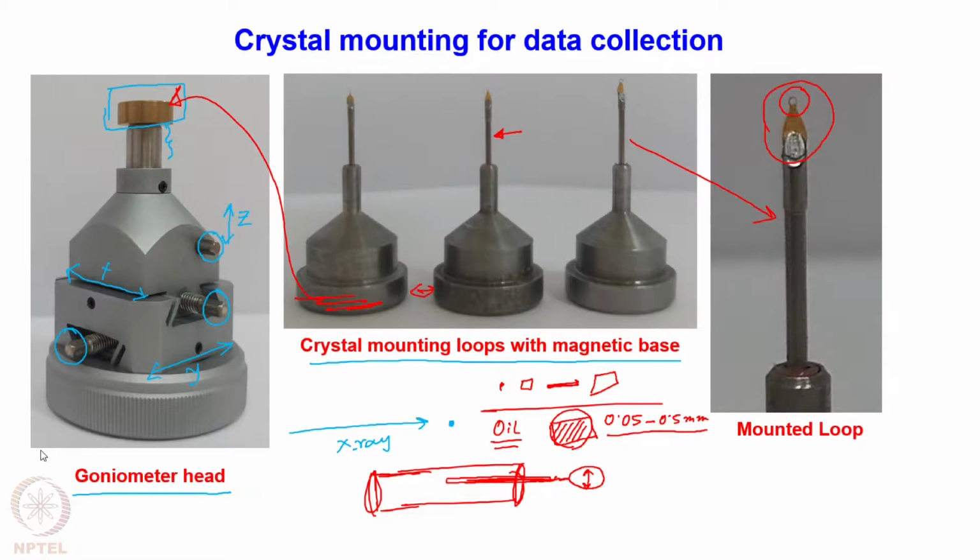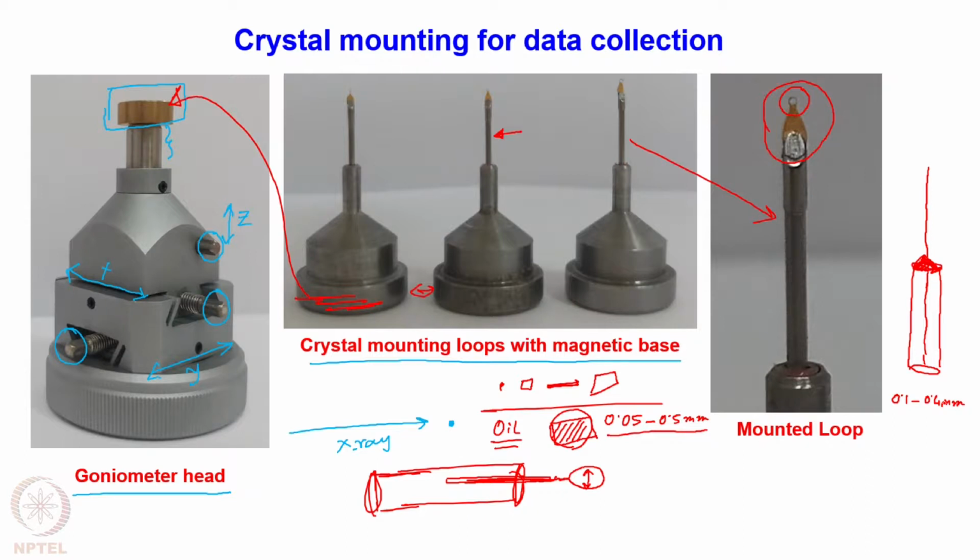What one does in that case is take a thin glass fiber, mount it on a brass pin which is available with every diffractometer facility, and then glue it at the bottom so that the glass fiber does not move. Mind you, the diameter of that fiber will be from about 0.1 to 0.4 millimeter.